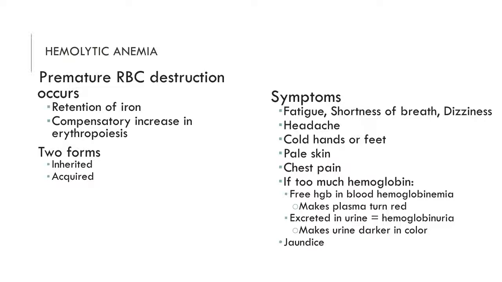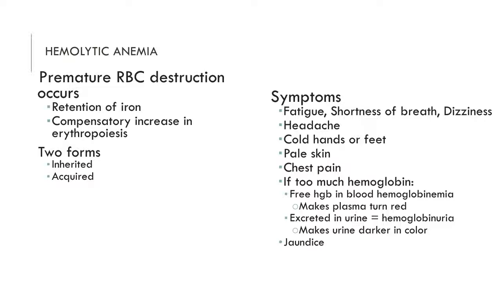Symptoms of hemolytic anemia go along with symptoms of most of the other anemias: fatigue, shortness of breath, dizziness, headache, cold hands or feet, and pale skin. However, they may actually have chest pain as well.